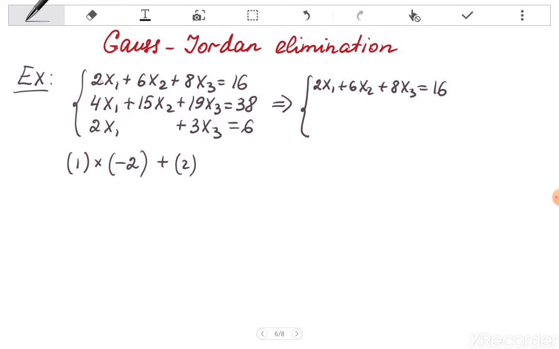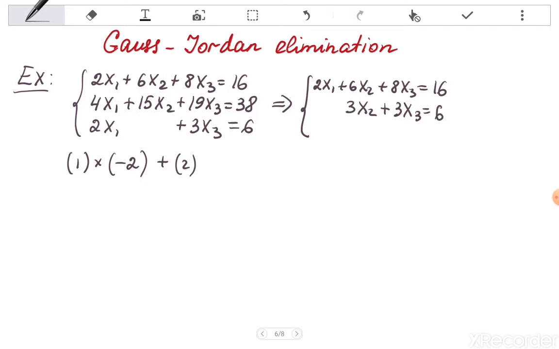So -2 plus this will eliminate x1. -2 times 6 is -12 plus 15, we will get 3x2. -2 times 8 is -16 plus 19, we'll get again 3x3. -2 times 16 is -32, and plus 38 will get 6.